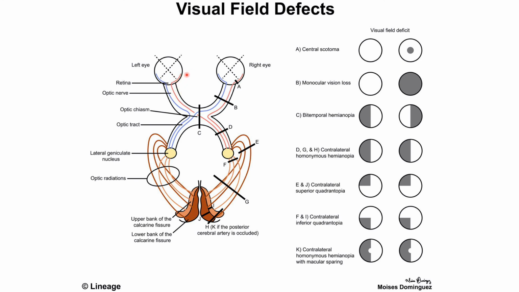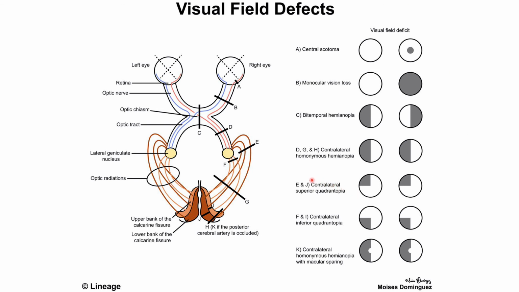So this would receive information from the temporal visual field of the left eye. So the person would lose information from the temporal visual field of the left eye, as well as here, from the temporal retina of the right eye, which would translate to losing the nasal visual field of the right eye.